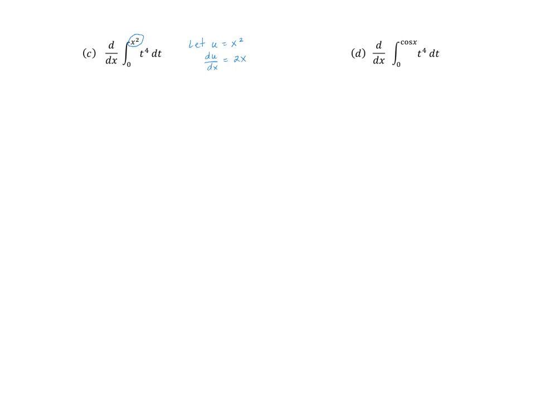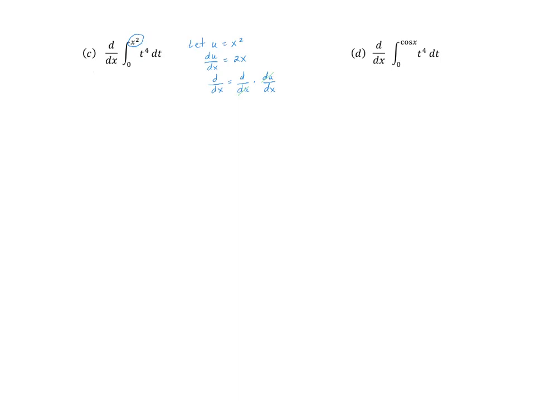Now here's the fun part. If I take the derivative with respect to x, I can break that up into the derivative with respect to u times the derivative of u with respect to x. Notice that in this right-hand side, the du's can cancel, and I'm back to d over dx.